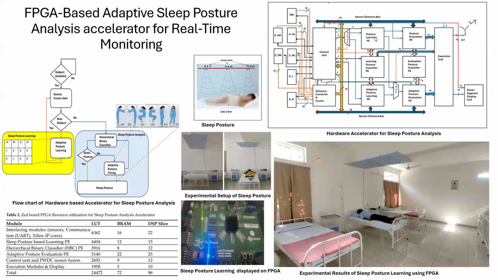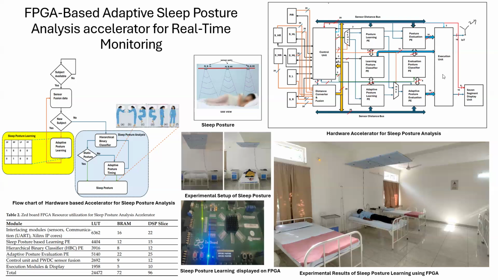The other part is posture learning, which we showed in the flowchart. Once the posture learning is done, the information goes to our classifier, and the classifier confirms that the learning was regarding the respective posture.